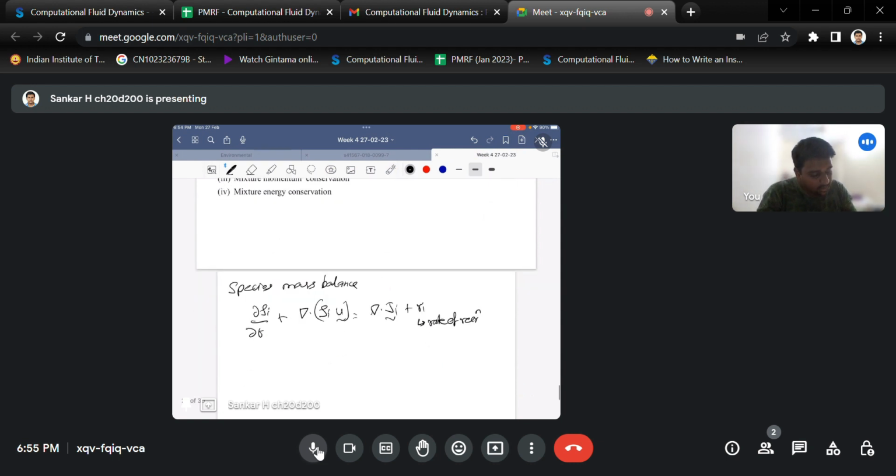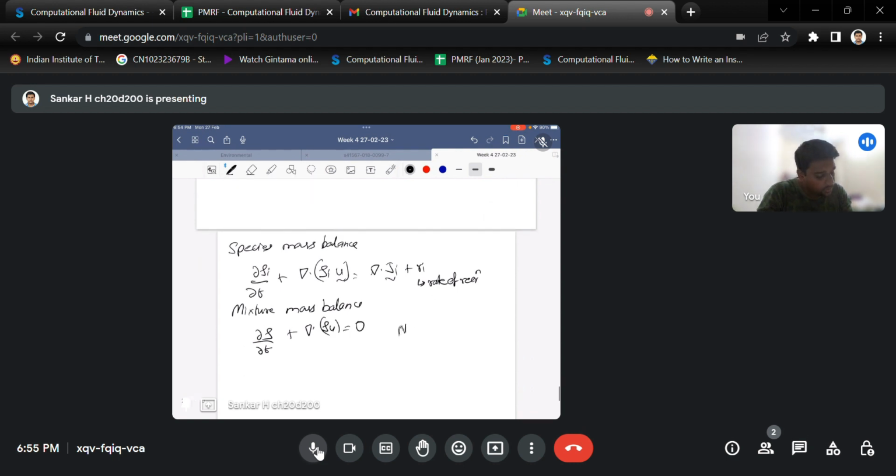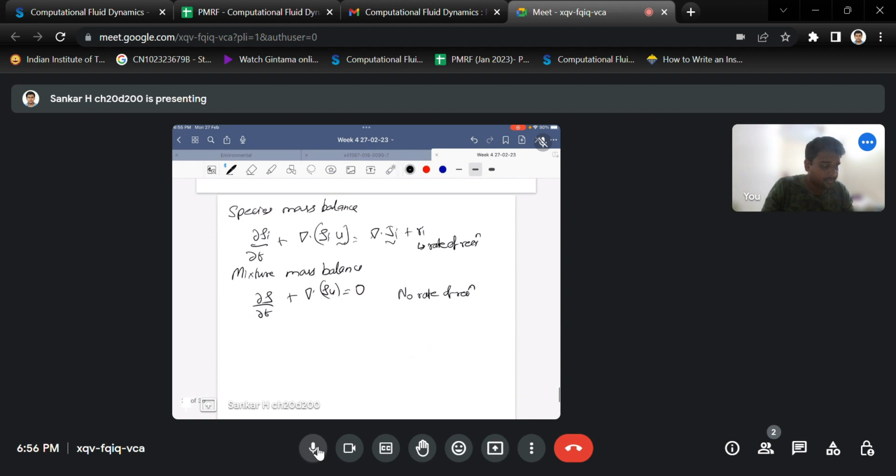When we deal with the mixture mass balance, we just write dou rho by dou t plus del dot rho u is equal to 0. We see that the rate of reaction is not mentioned anywhere here. Only the density will be mentioned here along with the velocities.